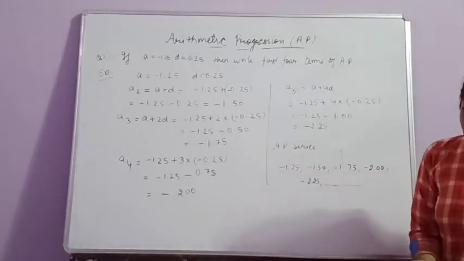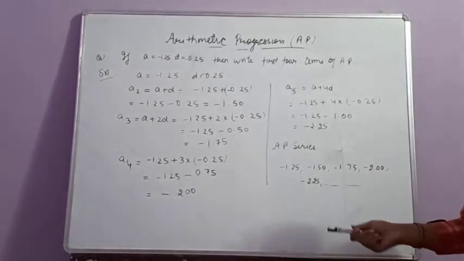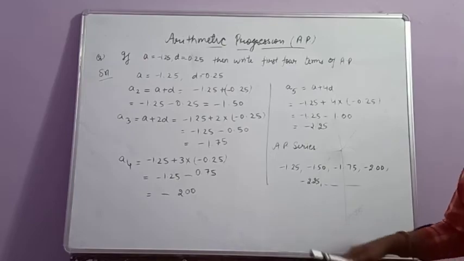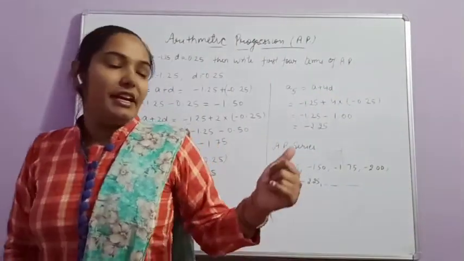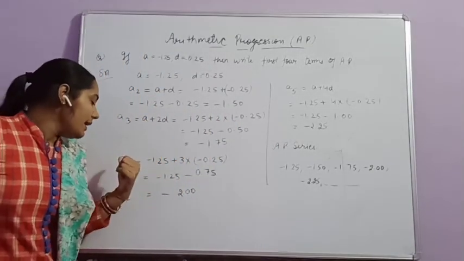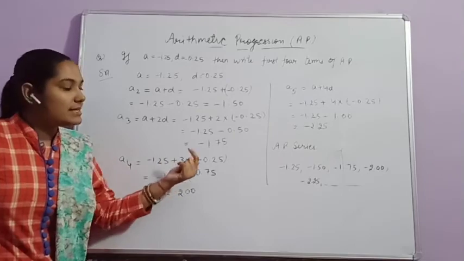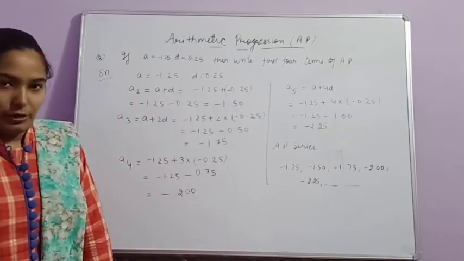Clear? If A and D are given to us, then we can find the AP series by using the formula for the nth term, that is A2 is equal to A plus D, A3 is equal to A plus 2D, and A4 is equal to A plus 3D. Similarly, A5 is equal to A plus 4D. Clear?